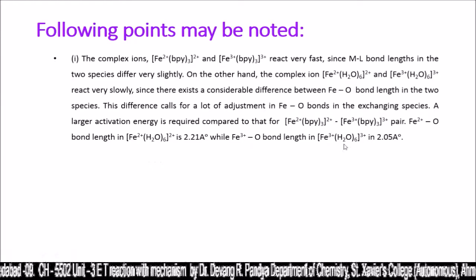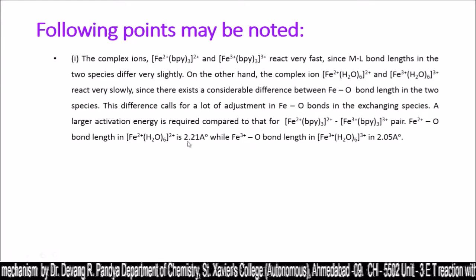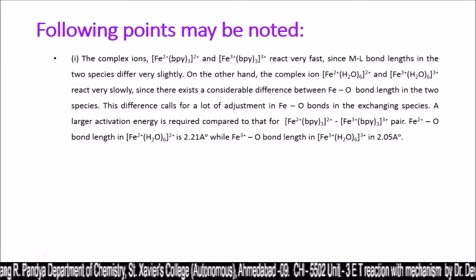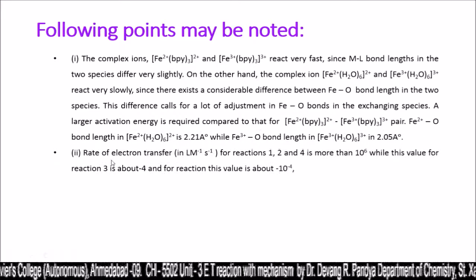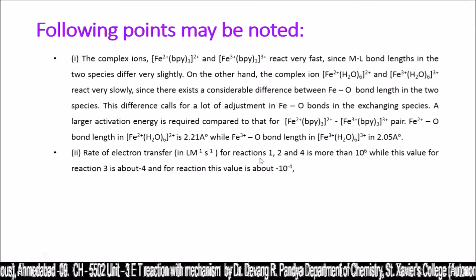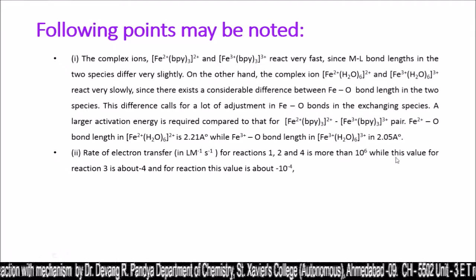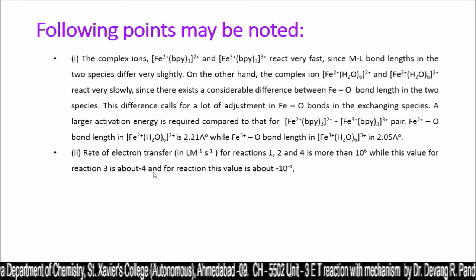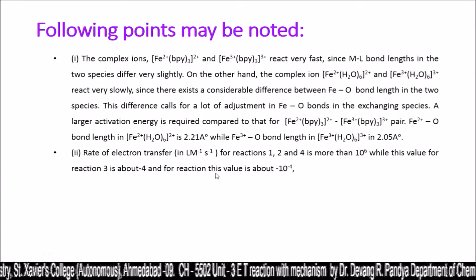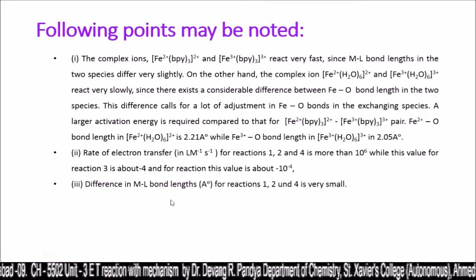As there is a big difference between these two bond lengths, more activation energy is required, so electron transfer is slower in this one, while electron transfer is faster in that one. The rate of the electron transfer for reactions 1, 2, 4 is more than 10 raised to 6, while the value for reaction 3 is about 4. For the other reaction, this value is about 10 raised to minus 4.